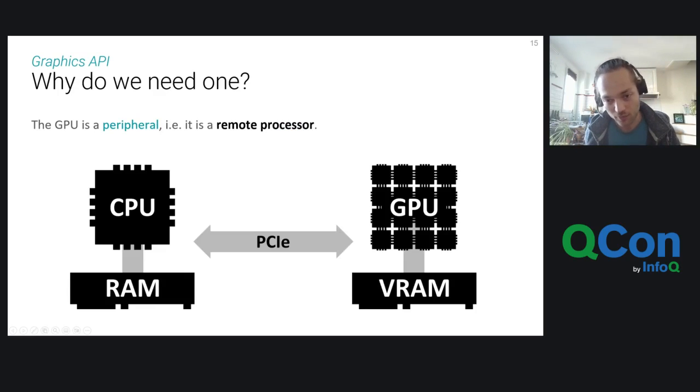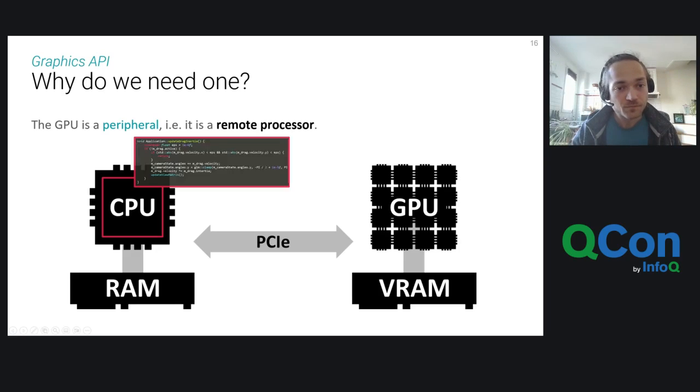It has its own memory, and it's a completely different device, and it communicates with the CPU just through a PCI Express connection, but they each have their own life, and it's really like a remote machine. Think of it as if it was a server and the CPU is the client. If you're used to the web, for instance, they're far away, and communicating between those takes time.